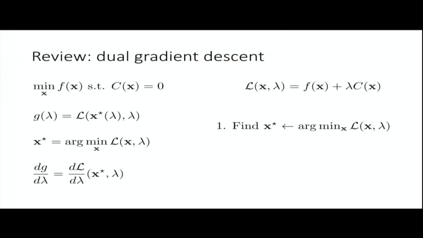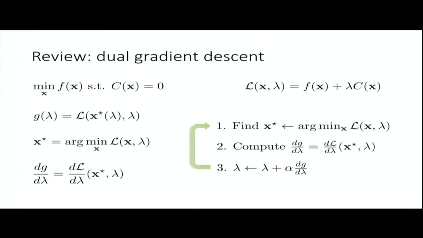And then you get the following algorithm for solving your constrained optimization. Minimize your Lagrangian with respect to your primal variables, compute the gradient of the dual, and take one gradient step on the dual. The gradient of the dual is usually very simple because Lagrange multipliers linearly multiply your constraints. So this is usually a very simple gradient. This is what we saw last time, when we talked about constraining the trajectory improvement step with local models.